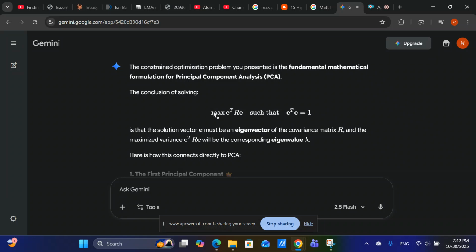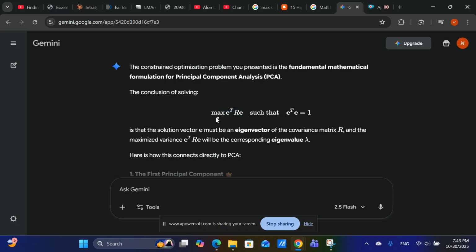Now, this is the constraint problem of the principal component analysis. It tells me that I want to find E, I want to maximize this definition. This is the definition for variance, and I'm not going to go too deep, but this R is the covariance matrix, and I ask myself in what direction should I look in order to maximize the projection of the covariance matrix of the data.